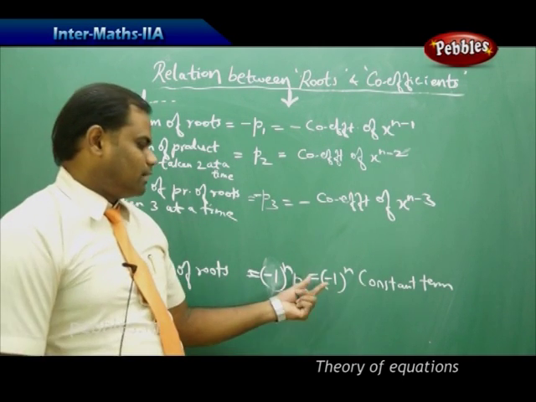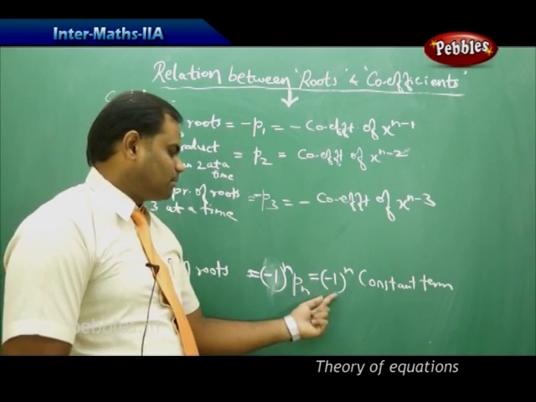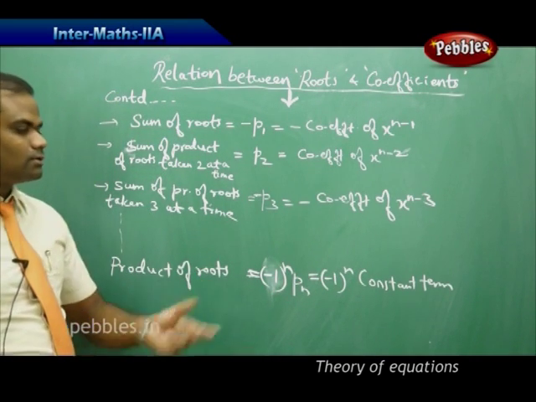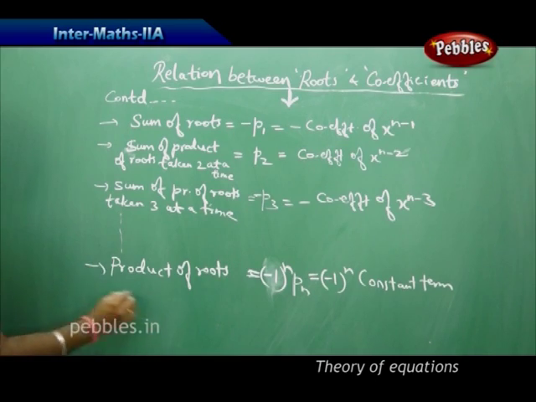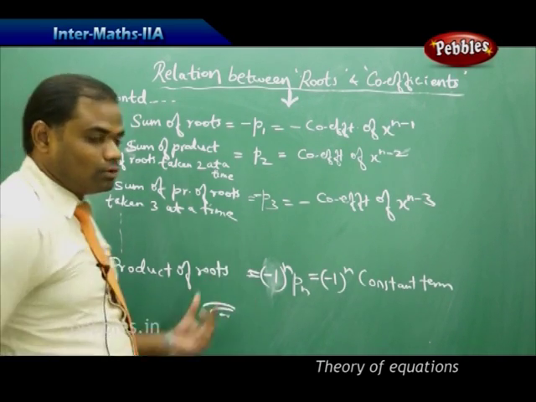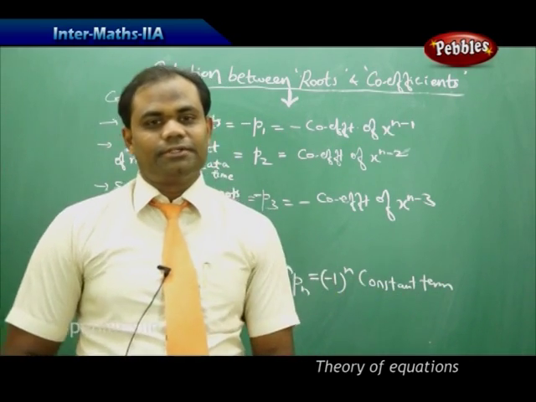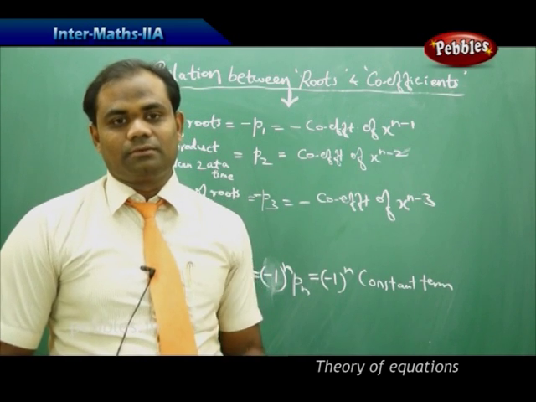So whenever I have a constant term, I just multiply by minus 1 whole power n, and then I get the product of all the roots, which is how I understand each of the roots connected with the coefficients in their own respective properties.